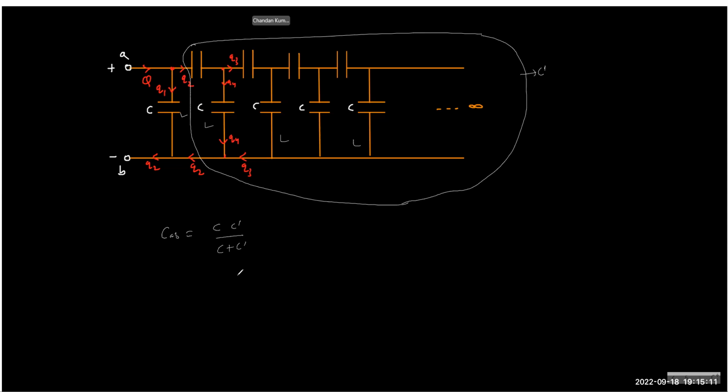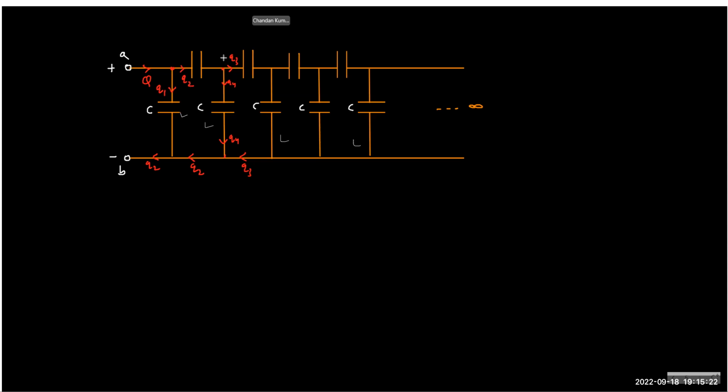Yeah, that's very simple. Oh, no, wait. I'll pretend it like this from here. So if I call this entire term C dash, and this is C, you can see this C and C dash are in series combination.